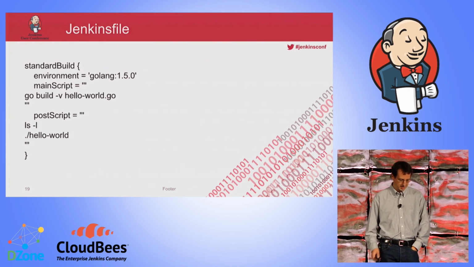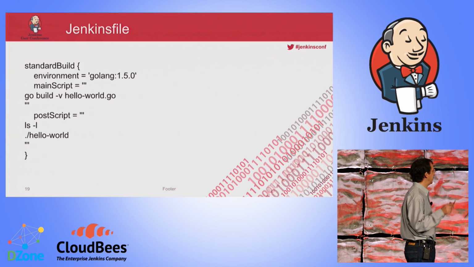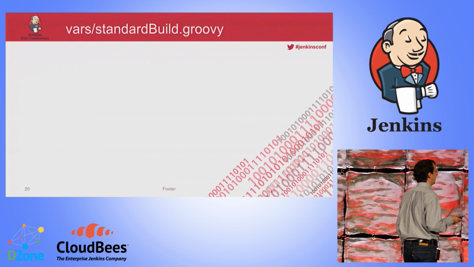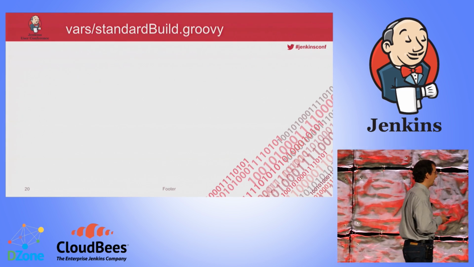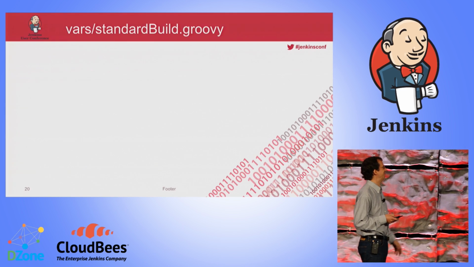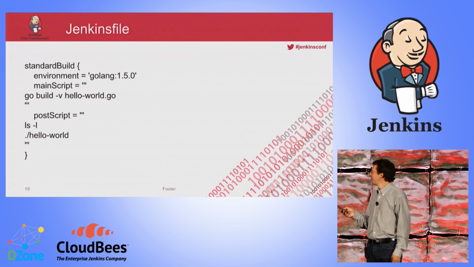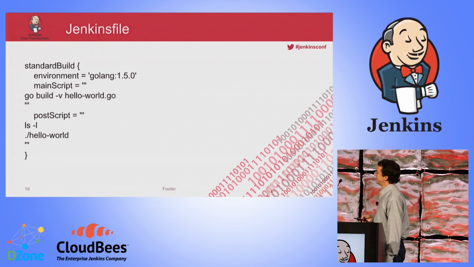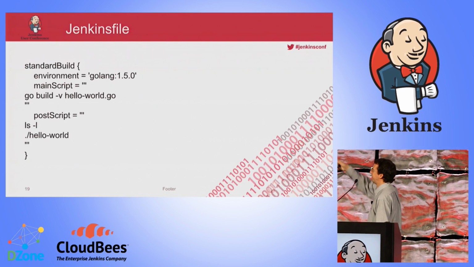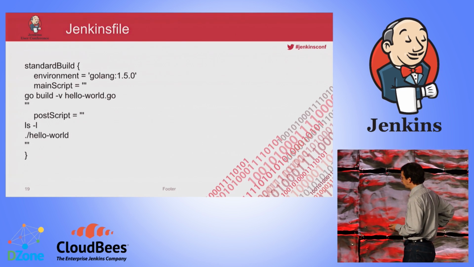So here a Jenkins administrator, someone who's familiar with the details of workflow, has created something called vars standard build.groovy. I'm sorry, it didn't paste into this slide. Trust me, that's about a dozen lines of code. And this Jenkinsfile, this is what would actually go into a particular repository that you have here.